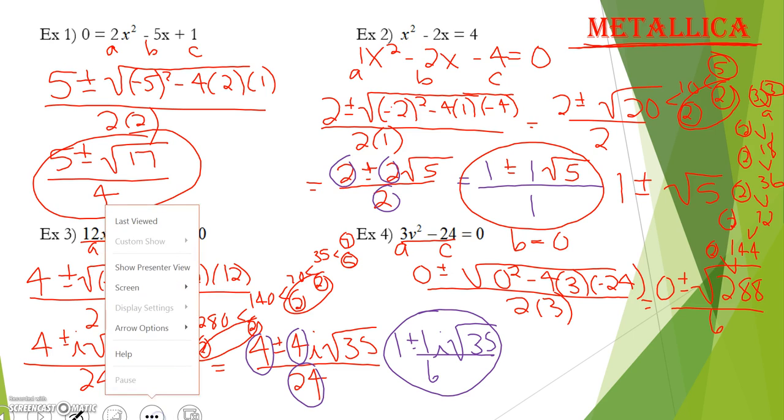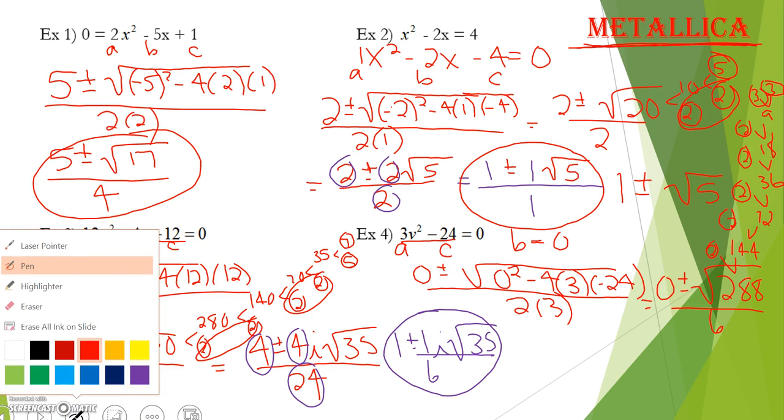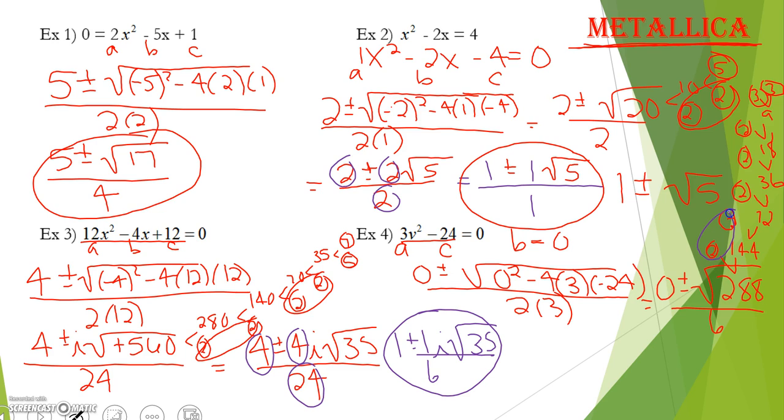So when I'm circling my doubles, I have a double here, a double here, and a double here. So I will have my 0 plus minus. I had a double 2, and a double 3, so 2 times 2 times 3 is 12. And I was left with a 2 right here. And this is all over 6.